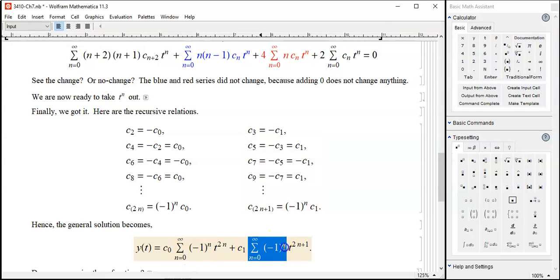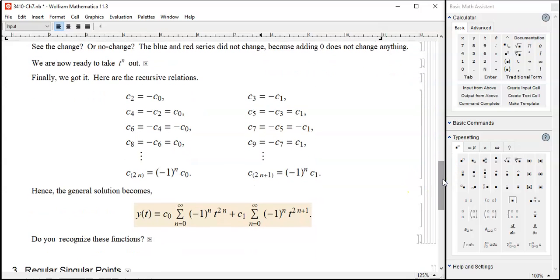For odd, we have that. And what do we have? We have two linearly independent solutions, this one and that one. And then we have c0 and c1, which are just arbitrary constants. As for some little sign mistake, you don't have to worry about it because these will be arbitrary, so they're going to be absorbed anyway.